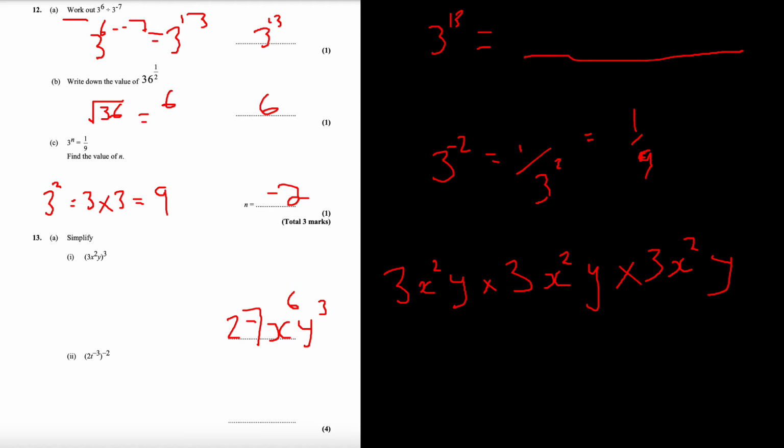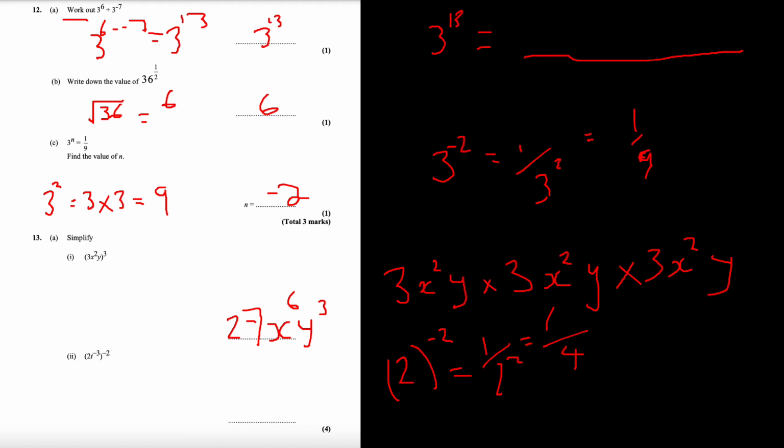Okay, part B, 2t to the -3, all to the -2. Let's deal with each part separately. So I'm going to have 2 to the -2, which is 1/2 squared, which is 1/4, or a quarter.